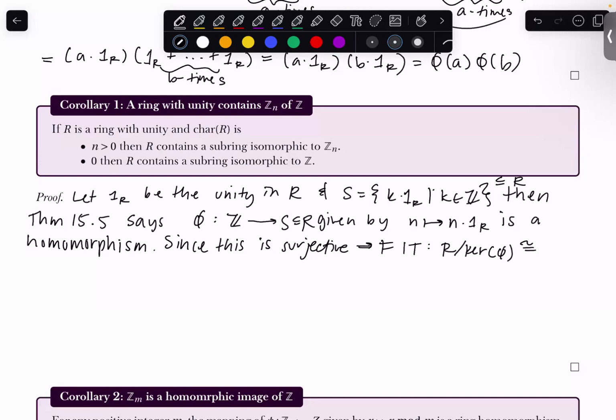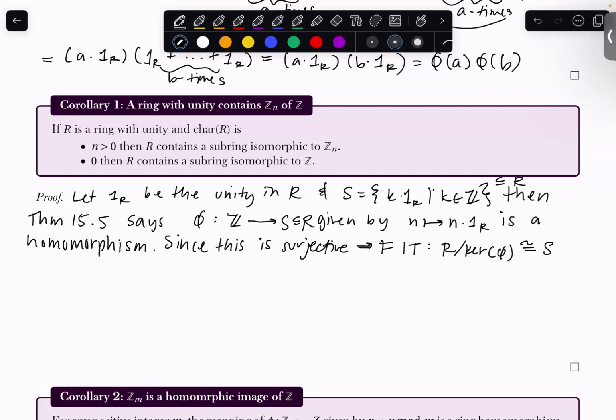Phi of R, which is going to be our, or phi of Z, because Z is our domain here. So it should be our image. But because it's surjective, what should I get back out? My whole codomain here.